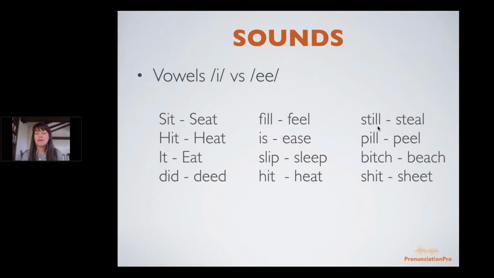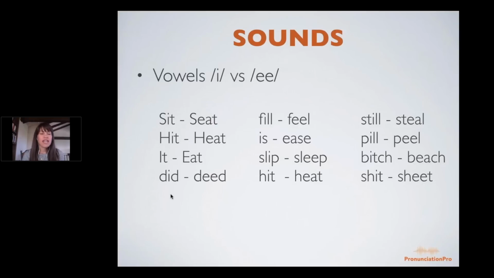Let me just point out, so we have still, pill, and then I have to point this out because it is one of those things that if we don't say the sound correctly, it is going to sound like a curse word. So bitch and shit, that's really uncomfortable for me to say, but if we don't get that short I, then it's going to sound like beach or sheet or vice versa. So that's one of those we want to make sure.